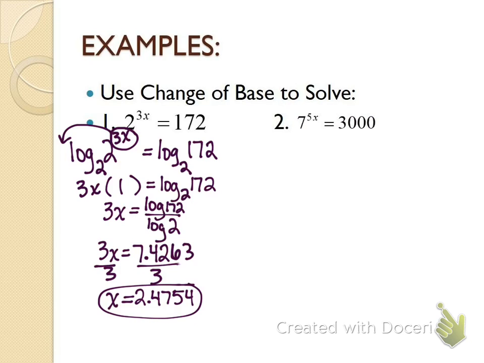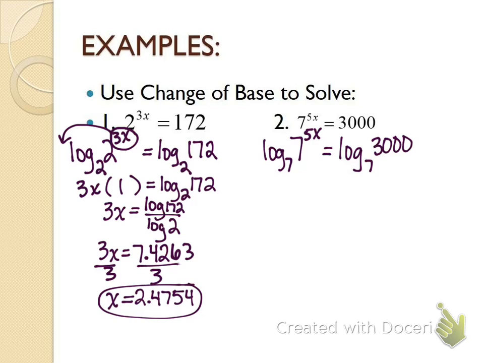All right, on number 2, what base should my log have when I'm taking the log of both sides? 7. We use the same base that exponent has. So we are going to have log base 7 of 7 to the 5x equals log base 7 of 3,000.